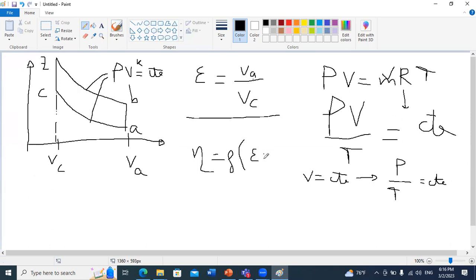I want you to find the efficiency as a function of epsilon and k. It might seem weird or hard to prove, but if we go step by step, it's really simple. Let us write back what the efficiency is. We said that the efficiency is equal to 1 minus Qout over Qn. Qout is heat rejected between A and B, and this process is at constant volume.